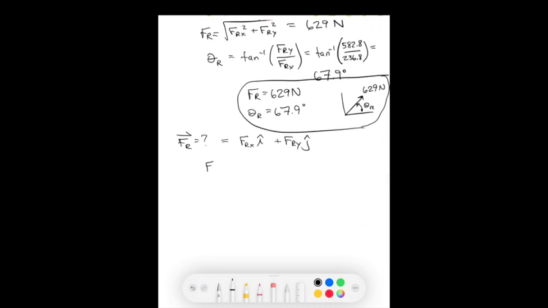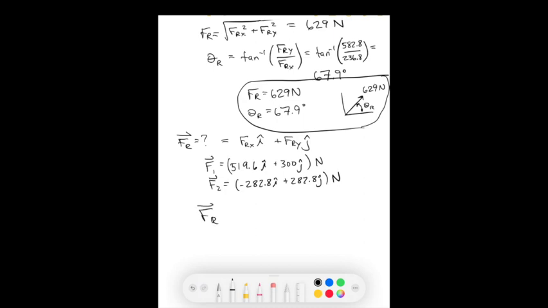But quite simply, F1, just as a reminder, is 519.6 i hat plus 300 j hat, while F2 is equal to negative 282.8 i hat plus 282.8 j hat.